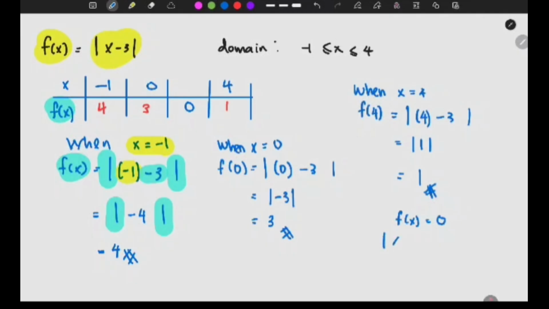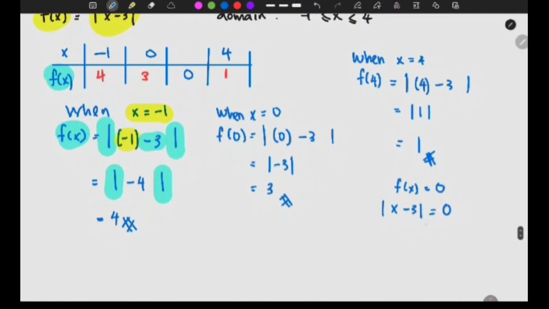So how are you going to solve your next step? Are you going to do normal mathematics, 0 plus 3 equals 3, like that? Any idea? How are you going to move on to the next one?